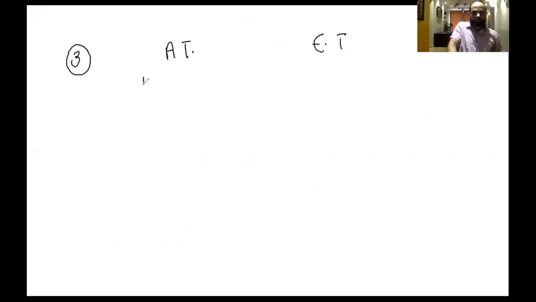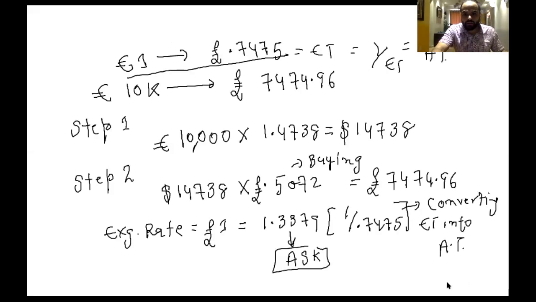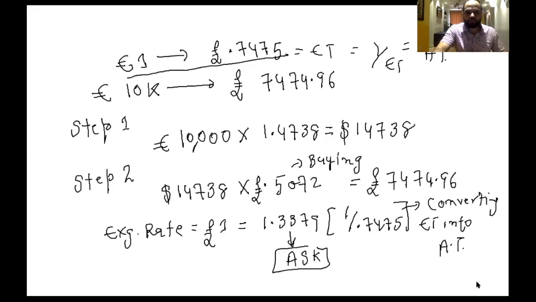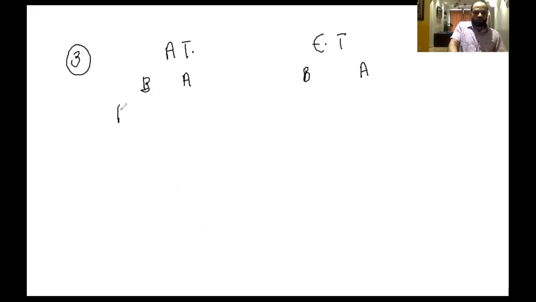For American terms, bid and ask: bid is 1.3371 and ask is 1.3379.